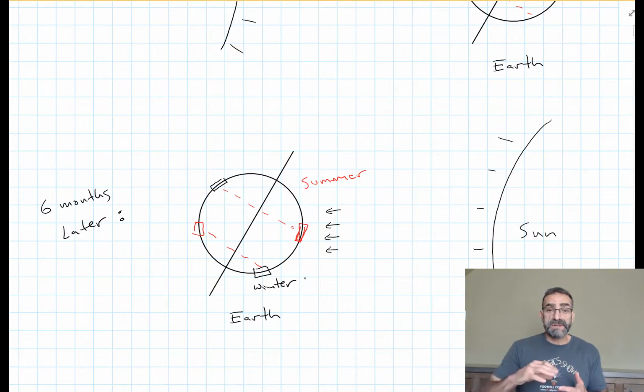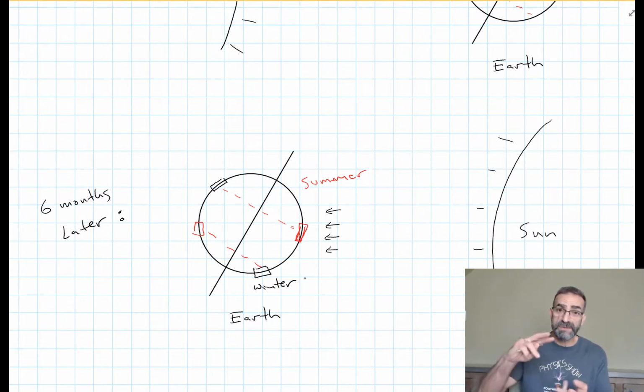So the northern hemisphere and the southern hemisphere, because of the tilt of the axis, have their summers and winters flipped from one another. And it all has to do with the light energy being absorbed by the ground. It all has to do with flux.